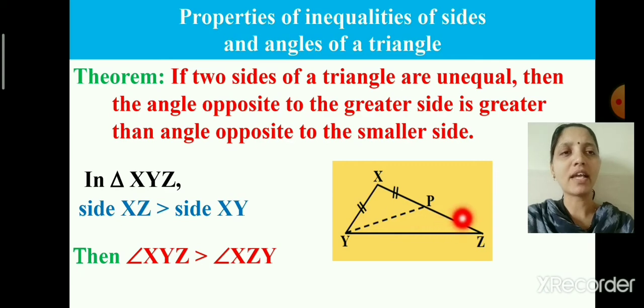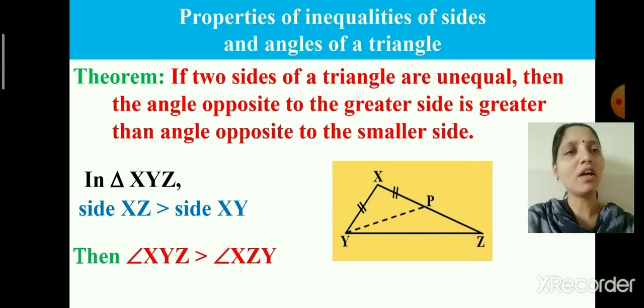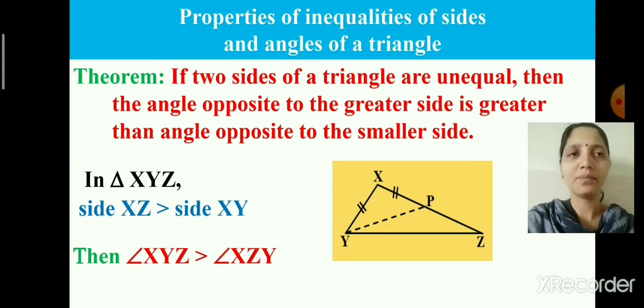That is angle Z. So here we can say that angle YXZ is greater than angle XZY. Similarly, you can take the other pairs of sides and then you can prove this theorem.